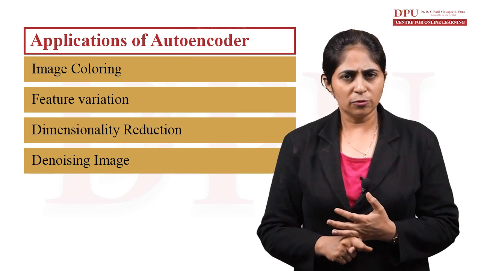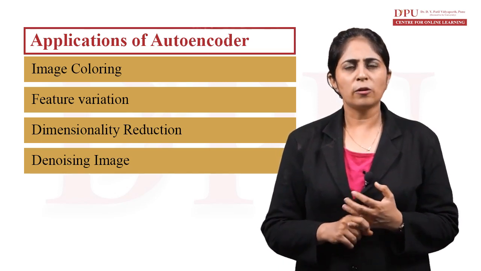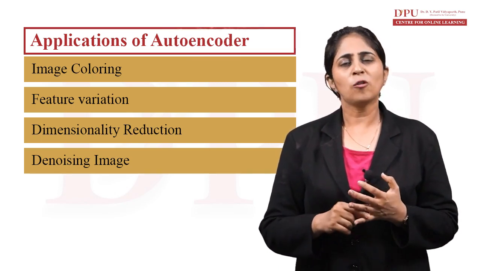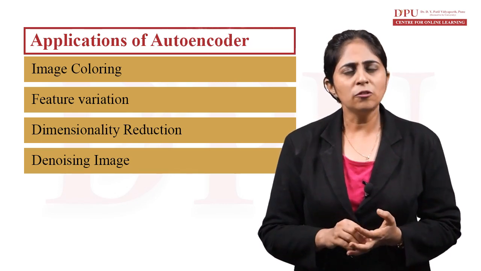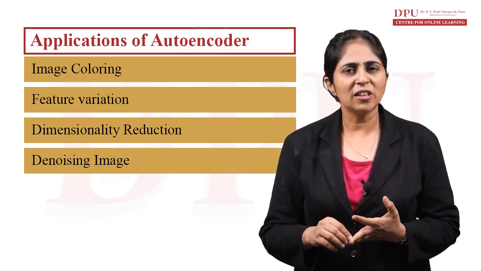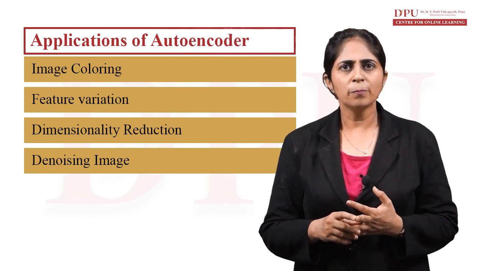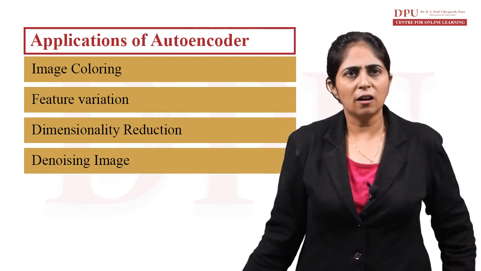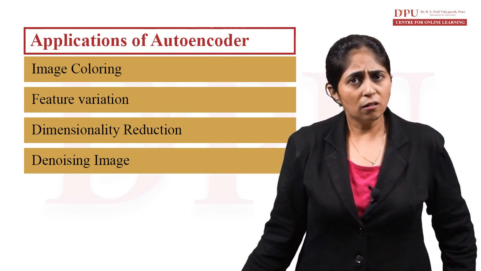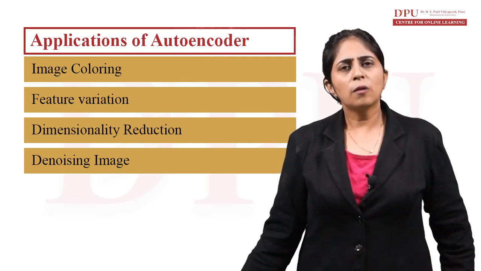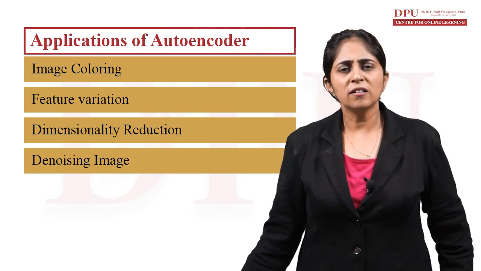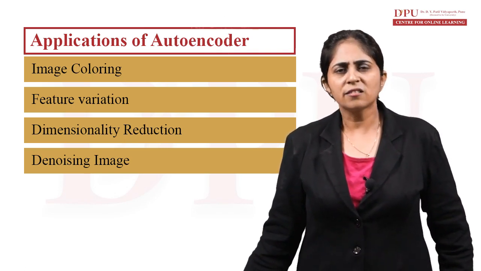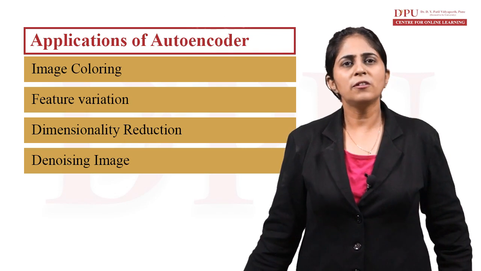We should understand here that denoising image can be done with the help of autoencoder. The input seen by the autoencoder is not the raw input but a corrupted version of it, and our denoising autoencoder is trained to reconstruct the original input from the noisy version.